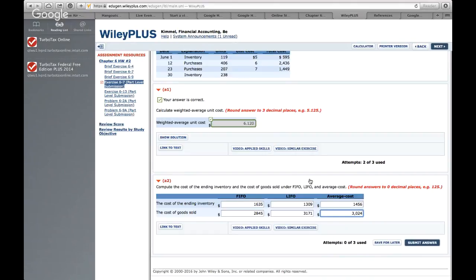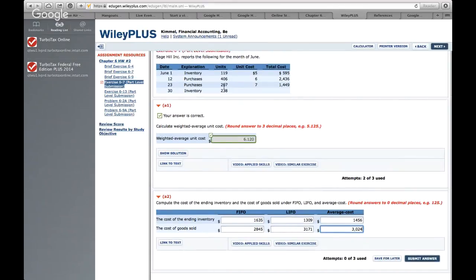So we're going to start at 207 where the units are. So we'll do 207 times 7. And then we're only going to go up to the number of 238.